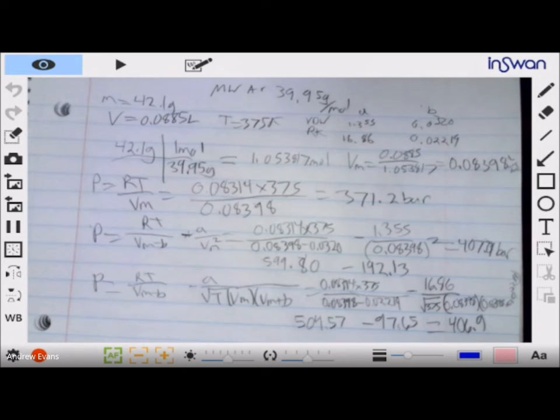If the A over Vm squared term, the secondary value, was a larger subtractive force, so that our overall pressure had gone down below the ideal gas, then we would have been favoring attractive forces.